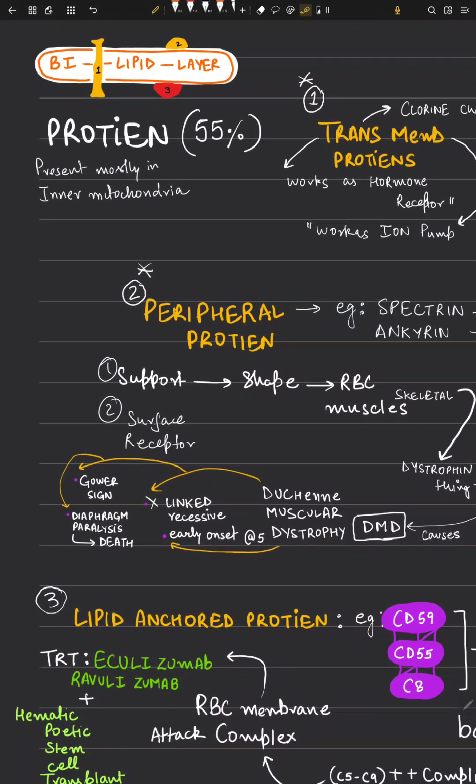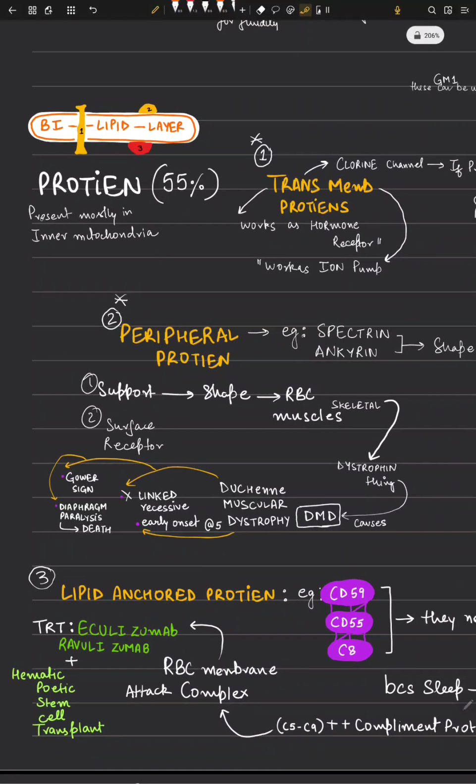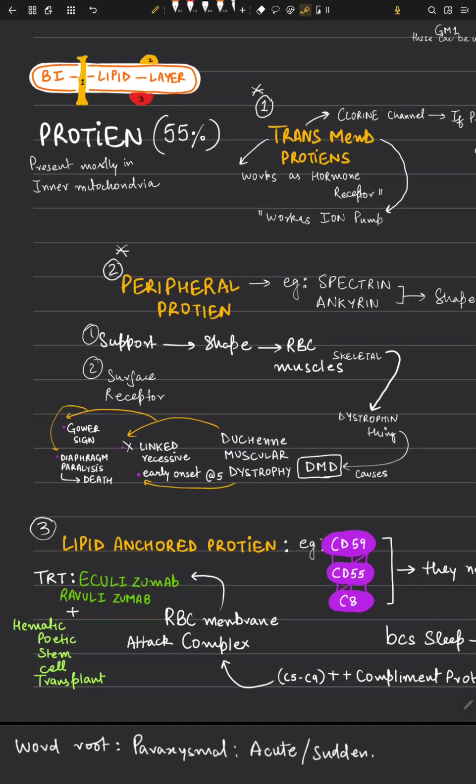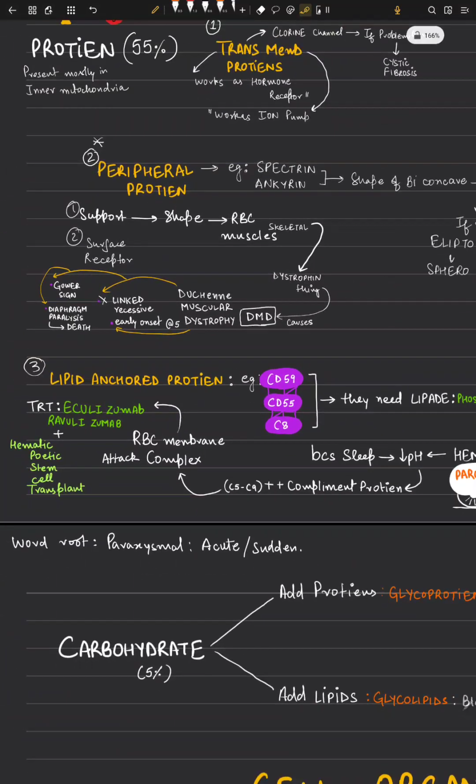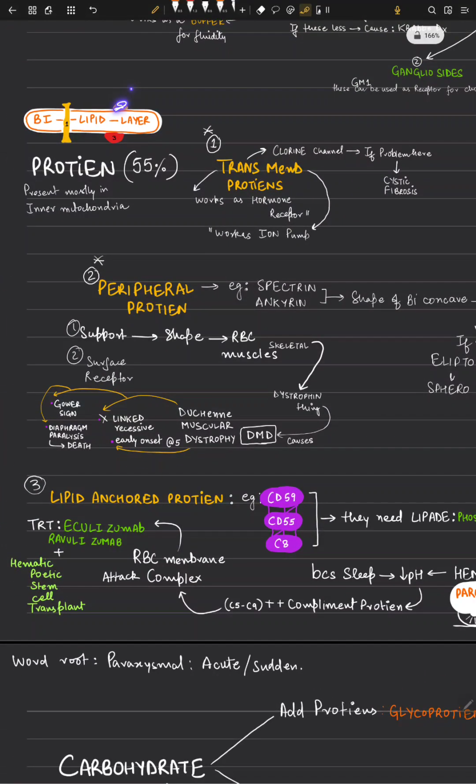Proteins are present mostly in the inner mitochondria, because mitochondria is a very important part. We will talk about mitochondria. Of this 55%, mostly present in mitochondria. Let's talk about peripheral protein, this outer one.